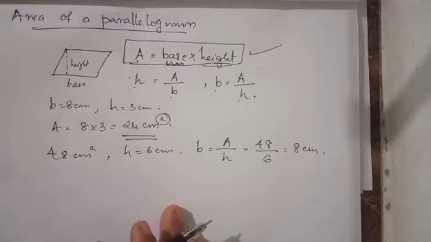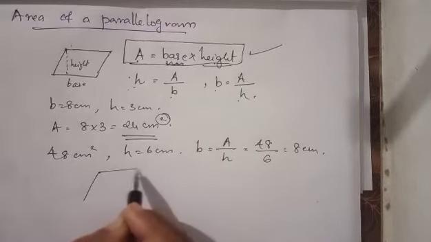The adjacent sides of a parallelogram are 36 centimeter and 27 centimeter length. The perpendicular distance between the shorter sides is 12 centimeter. Find the distance between the longer sides.